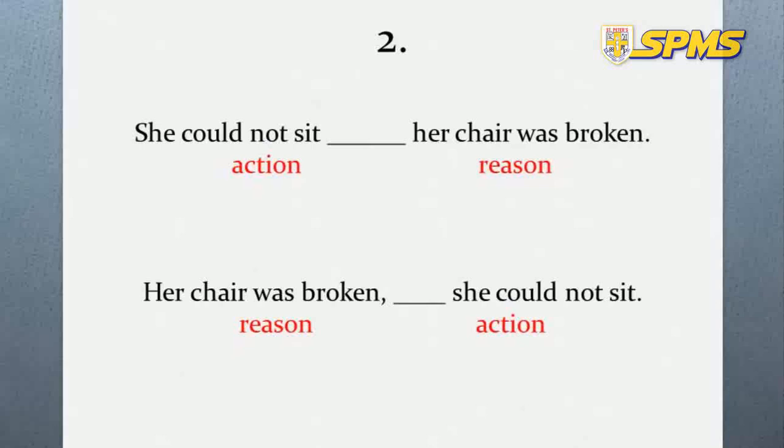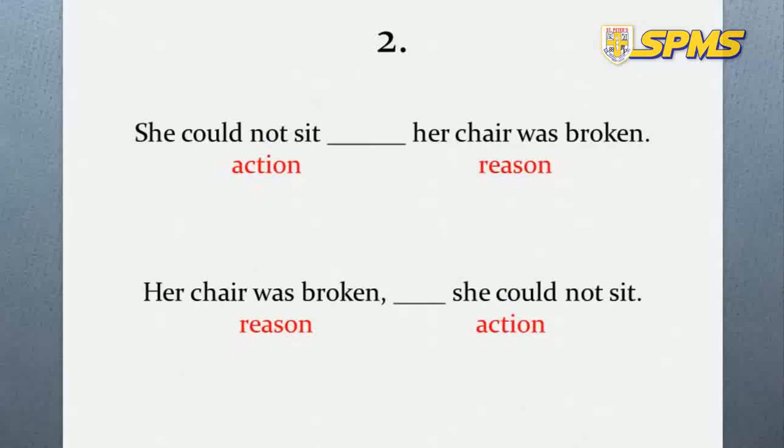She could not sit because her chair was broken. Her chair was broken, dash, she could not sit. Very good. So her chair was broken, so she could not sit.